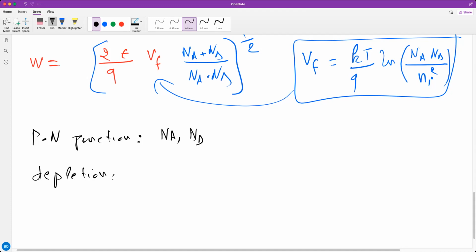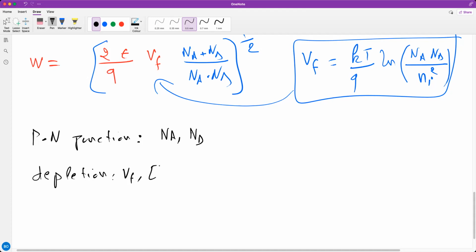This is what you will be given, for example. You will be given 2 silicon semiconductors, one of them P with NA, and one of them N with ND, and they will be put together. And the question will be, what is the built-in potential?